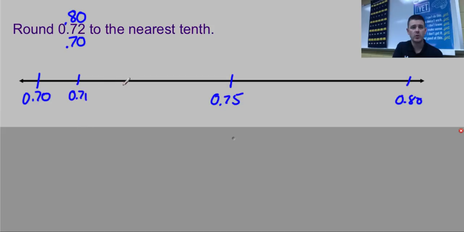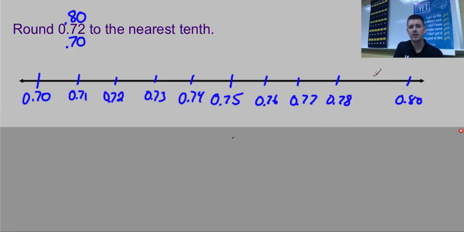Here's 0.71, 0.72, 0.73, 0.74. And yes, it's kind of a pain to write all these out, but it really forces you to think about where those numbers fall on the number line. What are the different decimals that are there to help with my place value?